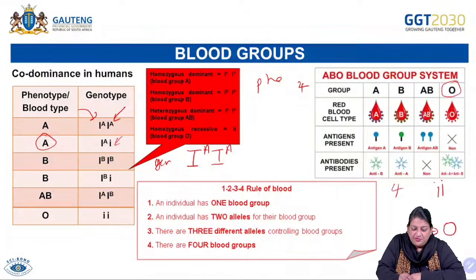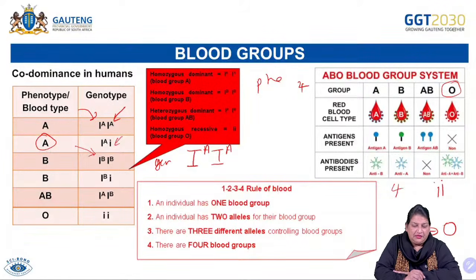So this person with blood group A is heterozygous blood group A, and this person here is homozygous blood group A. You can also have a person who's homozygous blood group B. It means both his parents are blood group B. He inherited the B allele from the one parent and the B allele from the other parent.